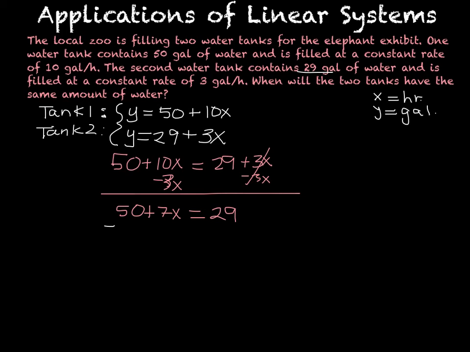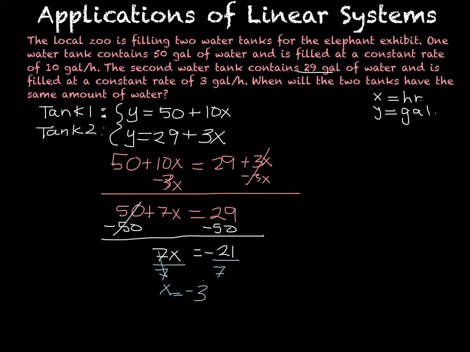Subtract the 50, giving me a negative 21 equal to 7x. Divide by 7. So x equals negative 3.